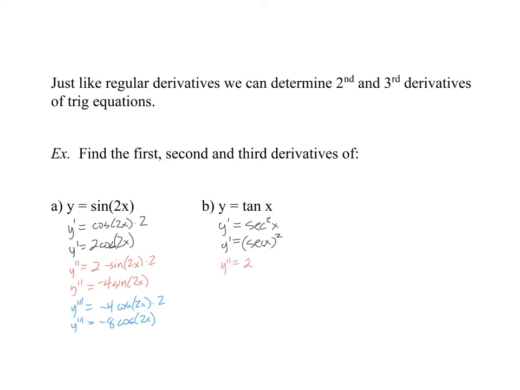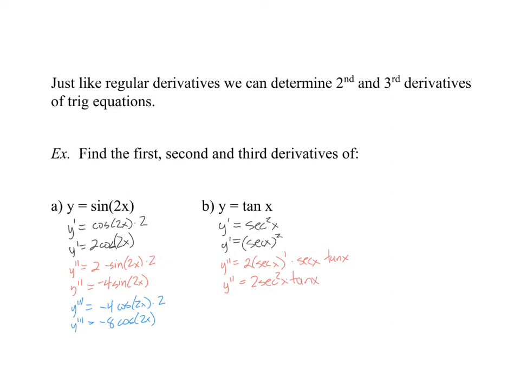So let's bring the 2 down in front. So you'd have 2 secant x to the power of 1, but now the derivative of the inside is secant times tan. Okay, so if we simplify that, let's rewrite this as 2 secant squared times tan.